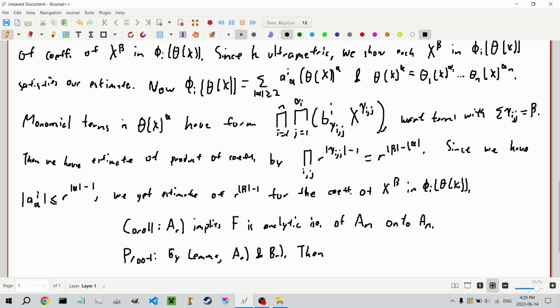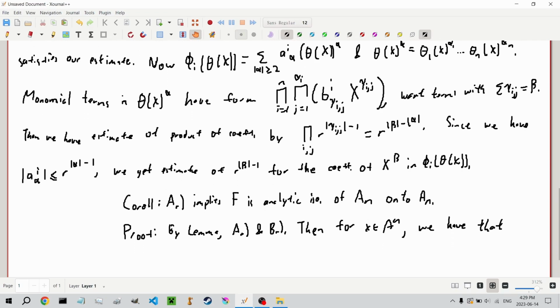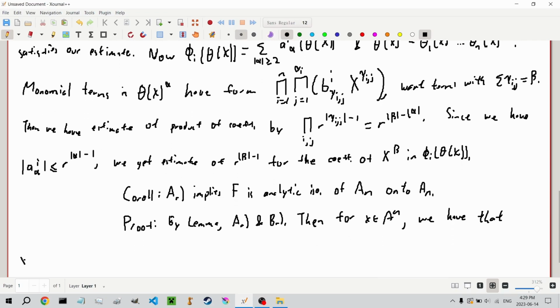Then by first lemma, for x in A to the n, we have that x is phi composed with theta of x is f of theta of x, is also equal to theta composed with f of x, which is theta of f of x.